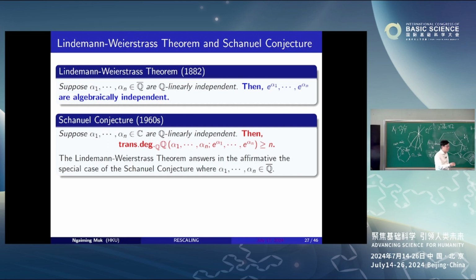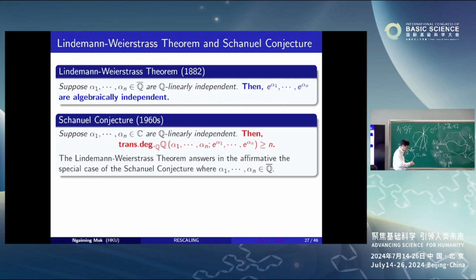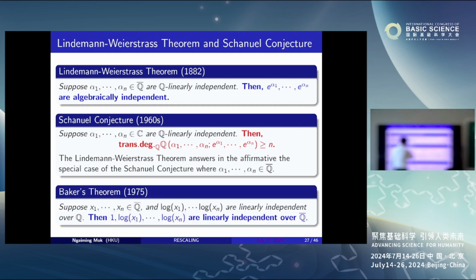And Schanuel also made conjectures about function fields. And the function field situation was solved by Ax. But then these function field analogs can be generalized to Shimura varieties. And it turns out that that generalization has a lot of implications in number theory. Let me just say that this is a very hard conjecture.